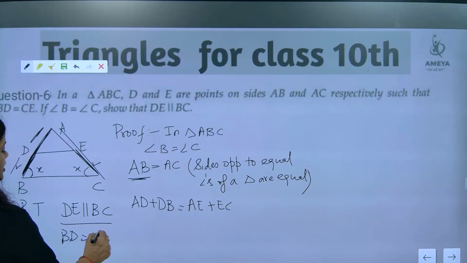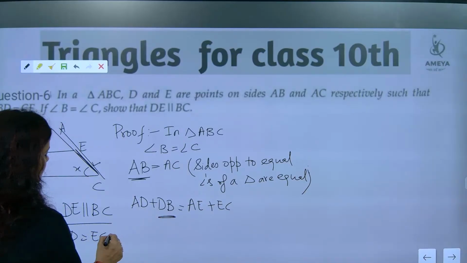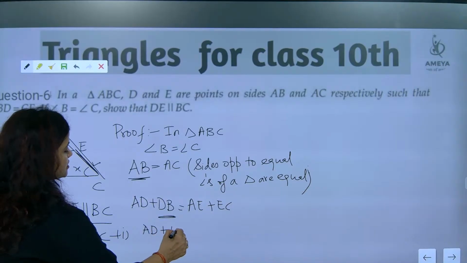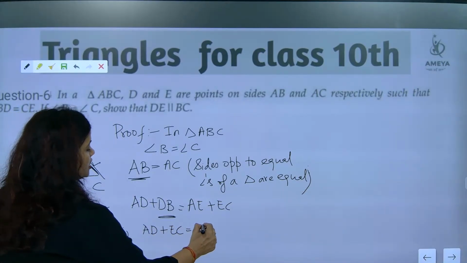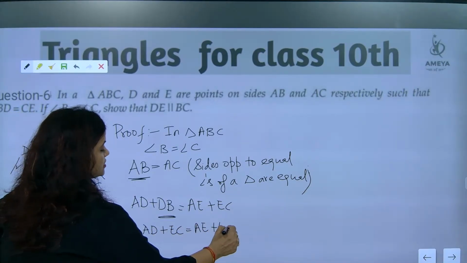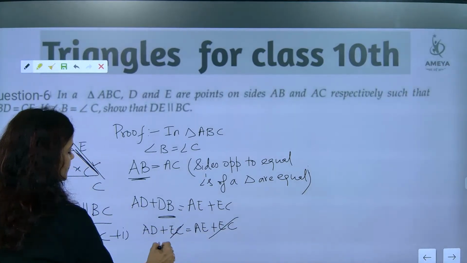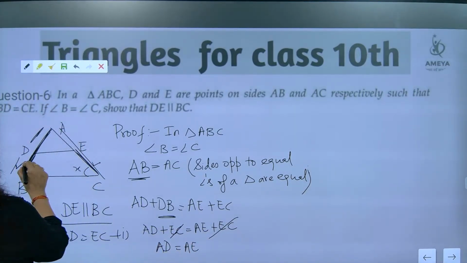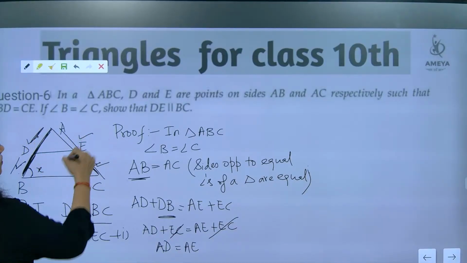BD is equal to EC. So instead of this, AD plus EC is equal to AE plus EC. Cancel. That means AD is equal to AE.